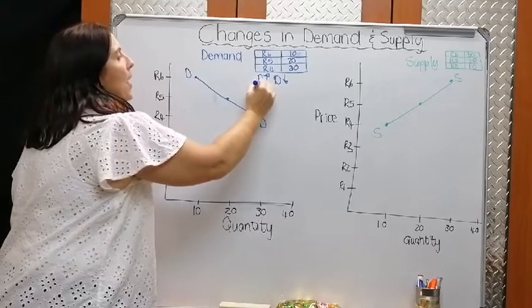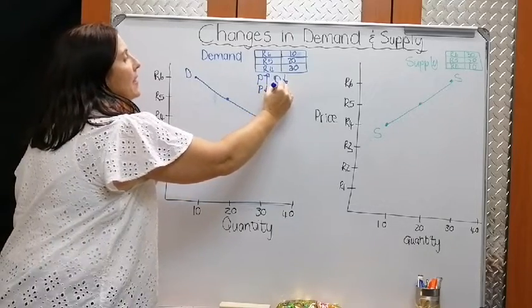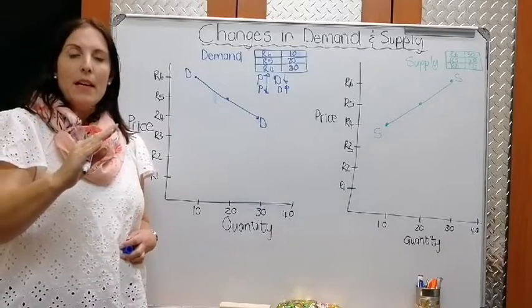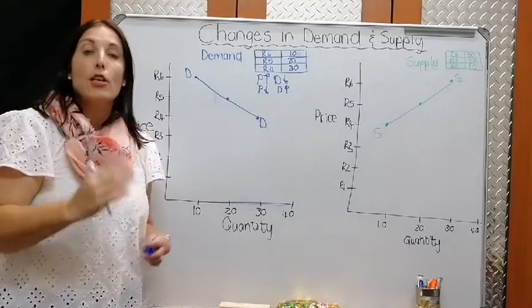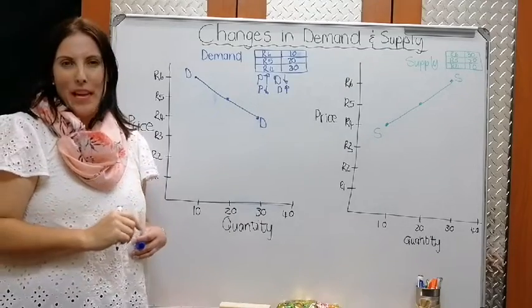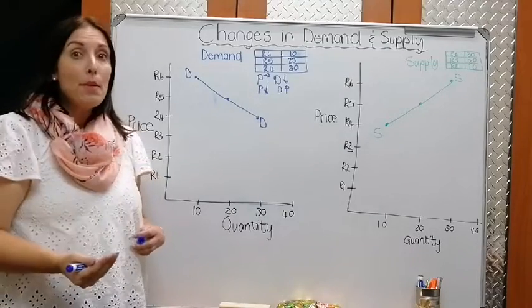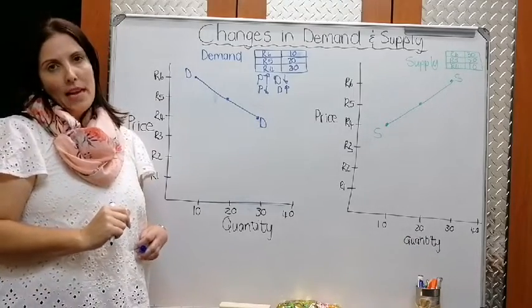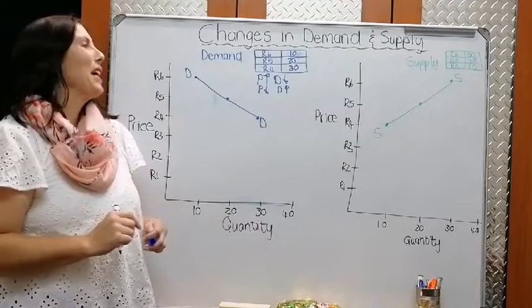The other way, if price goes down, then demand will go up. So the more expensive something is, the less usually the client or consumer would demand of that specific product. The cheaper the product is, the more the client would demand of that product or service for that matter.